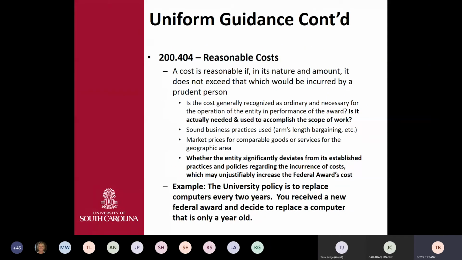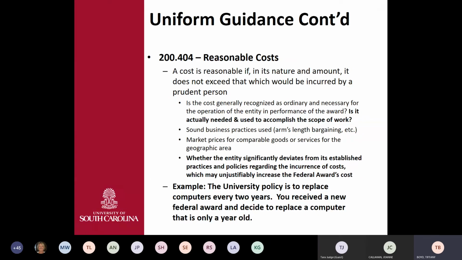Section 404 goes into more detail about what's considered reasonable. A cost is reasonable if, in its nature and amount, it does not exceed that which would be incurred by a prudent person. No one likes to be swindled or overcharged for something, and the federal government is included in that. A cost is generally recognized as ordinary and necessary for the operation of the entity and performance of the award.